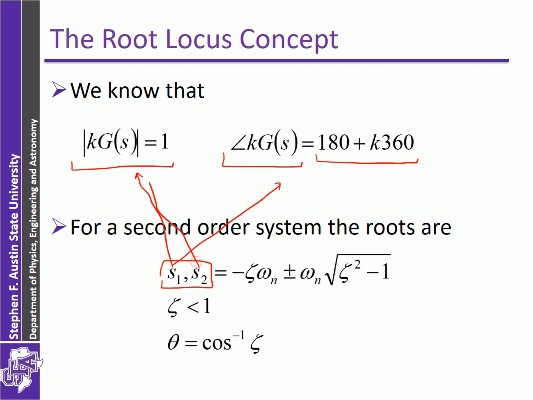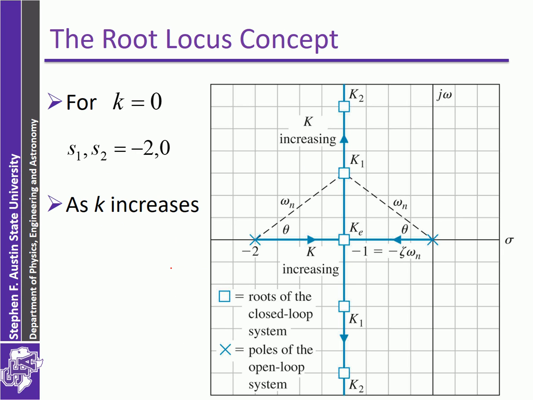If we substitute s2 in here and s2 in here, they should satisfy that condition. So if we work that problem, let's say k is equal to 0 first, the roots that we find are s1 and s2 being equal to -2 and 0. So those are the roots for k equals 0.